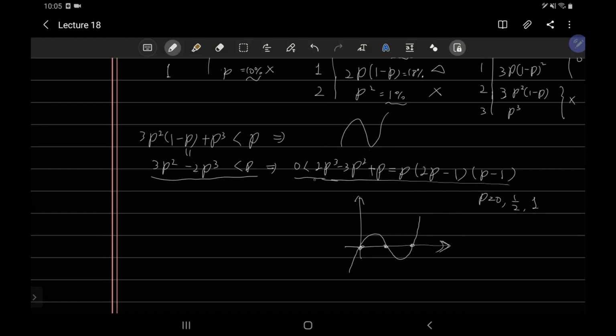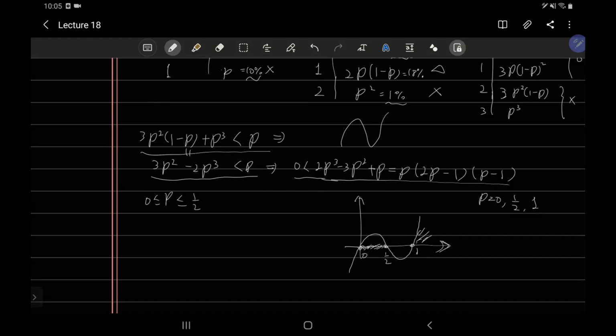So what is the condition that this equation will be satisfied? That's when p is either between 0 and half, or larger than 1. But we know that p is a probability. So the correct requirement for this inequality to be valid is when p is between 0 and half.